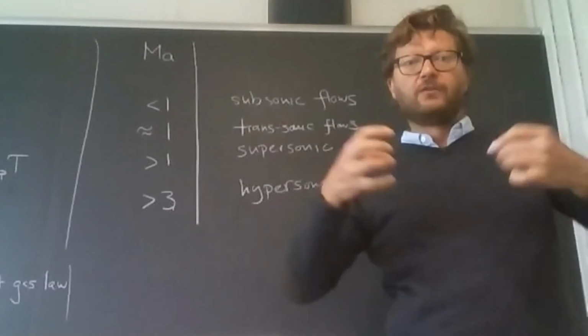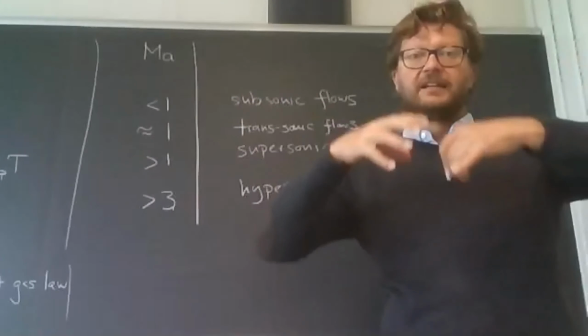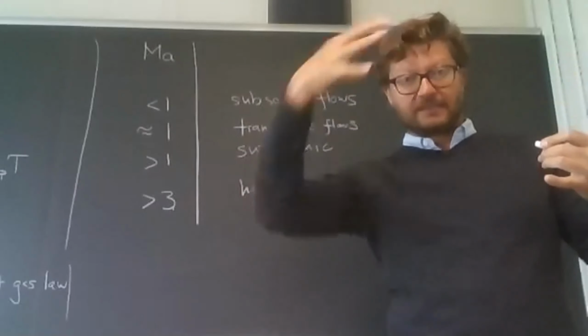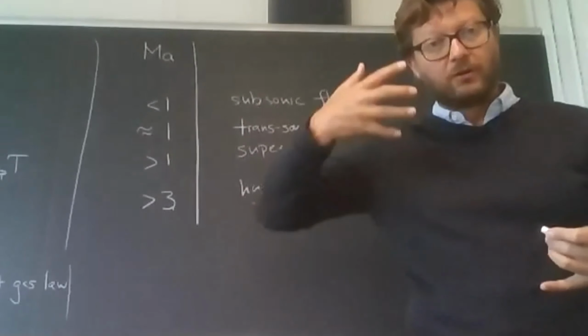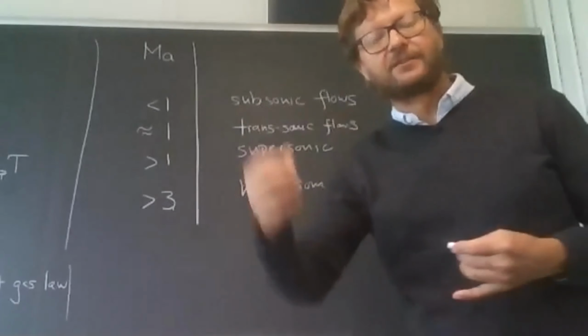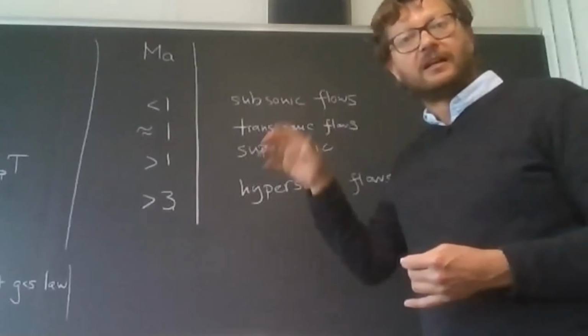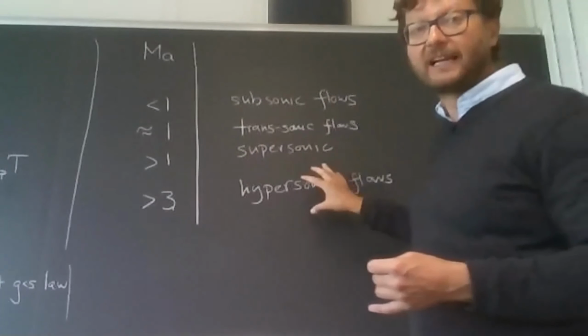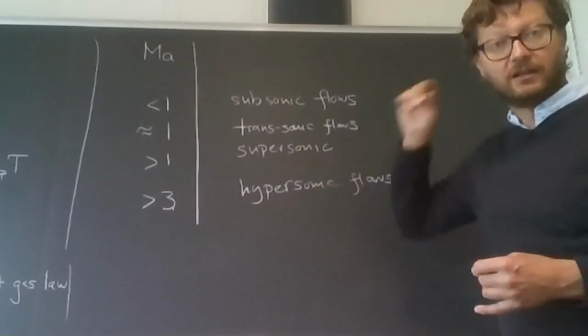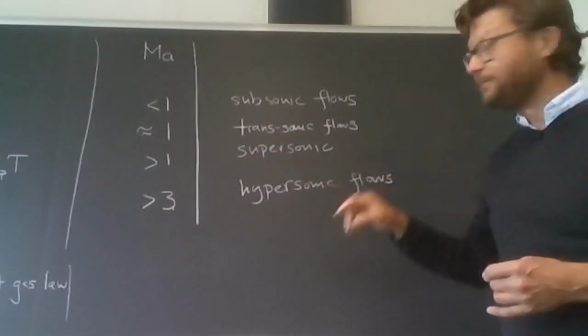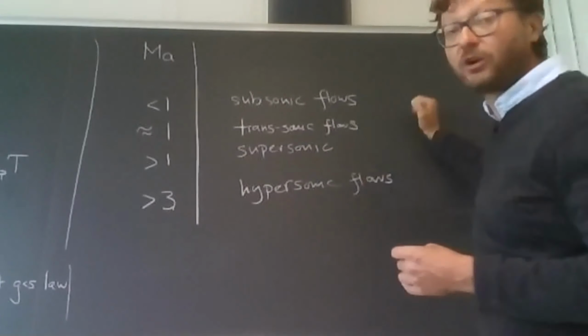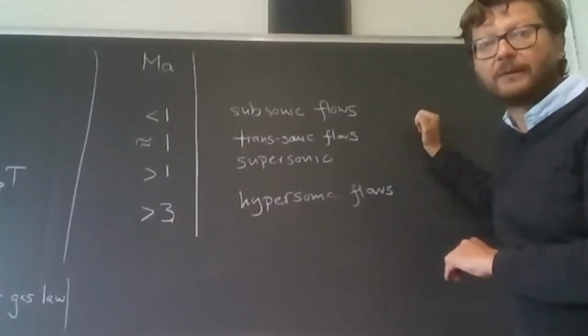So molecules fall apart and you get ions and you get a plasma. So you get this shiny glow when a satellite re-enters the atmosphere, and the physics starts to change. Perfect gas law is no longer a valid assumption. So this is why we're talking about hypersonic flow, a separate theory.